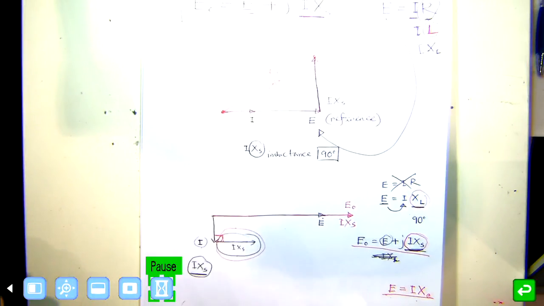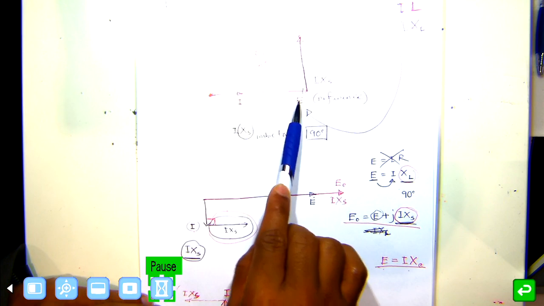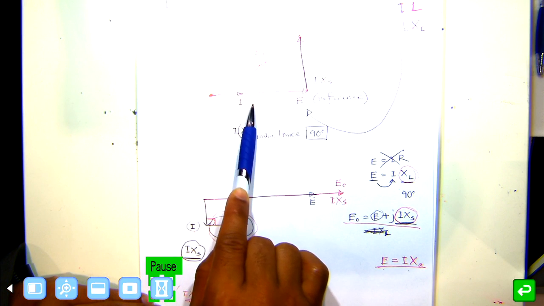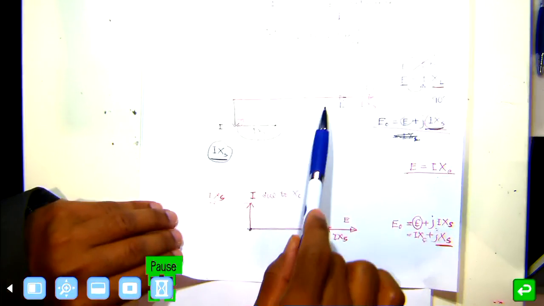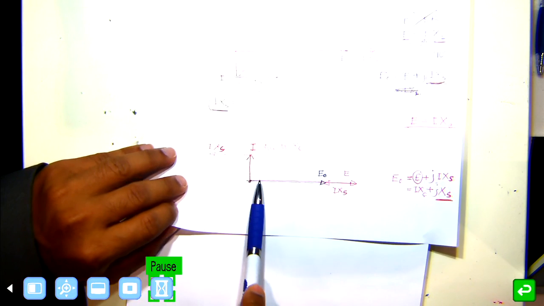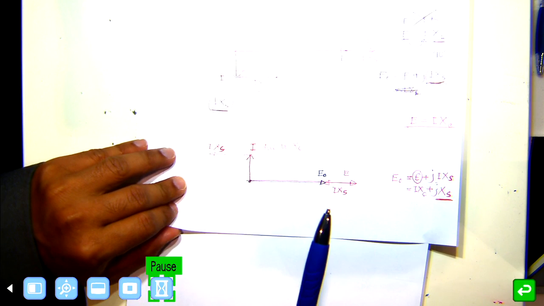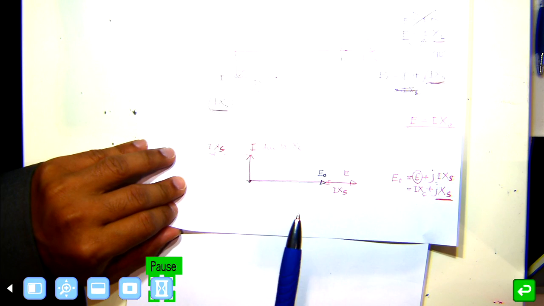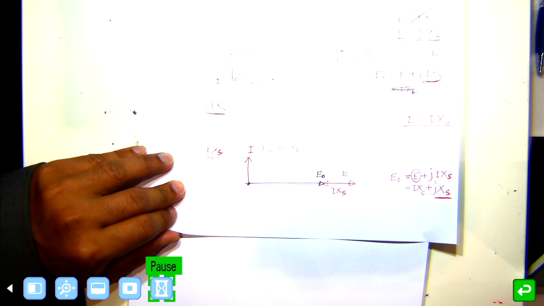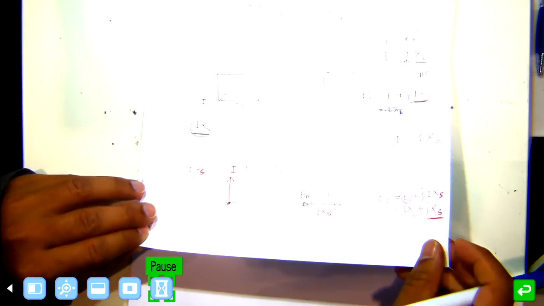So what I was saying, what we have drawn here, that your E and I in the same direction means pure resistive. Your E and I has 90 degree phase shift, pure inductive. Your E and I has 90 degree phase shift the other way, pure capacitive. Practically, it will not be like that. Depending on the load, combination of R, XL, XC, you will have a power factor of your load.